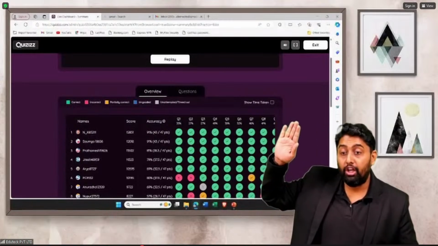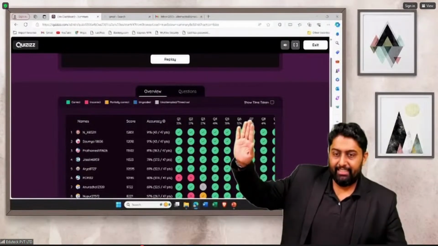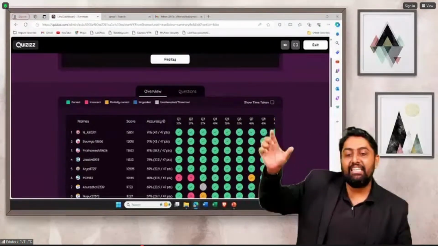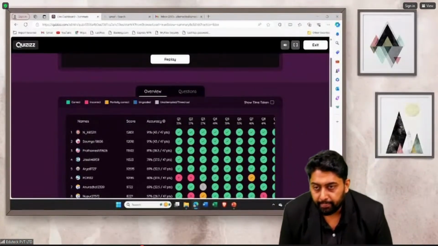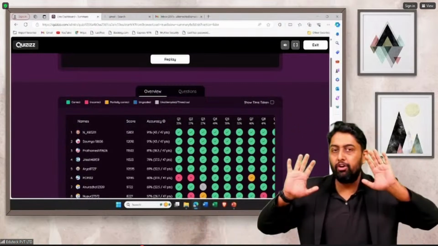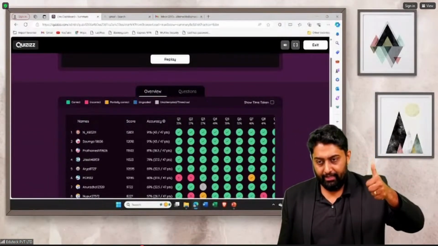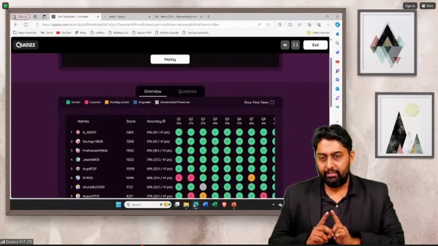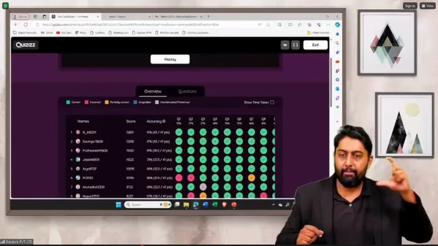EduTeck, not Allern, EduTeck I said. Out of these, how many of you are seeing the amount reflected in your wallet? The winners. Are we talking about the last quiz? So anybody from the last quiz who was the winner in the first, second, third, fourth, fifth position, is the amount reflecting in their wallet?